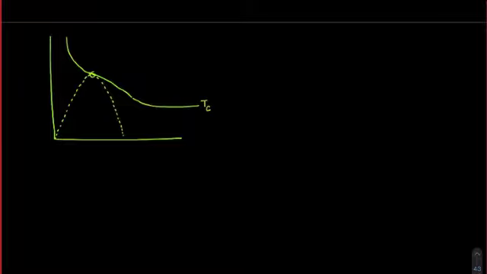At this point, if you observe, this is actually a concave graph and this is actually a convex graph, right? When concave and convex both meet at a point, that is called the point of inflection.